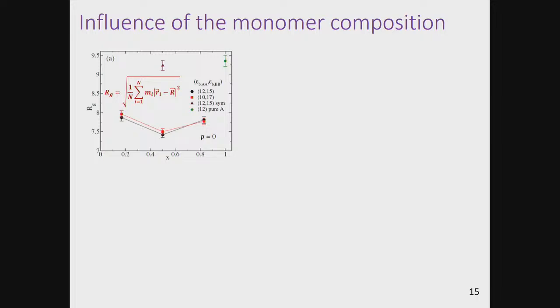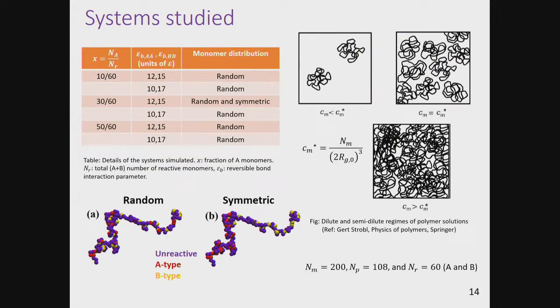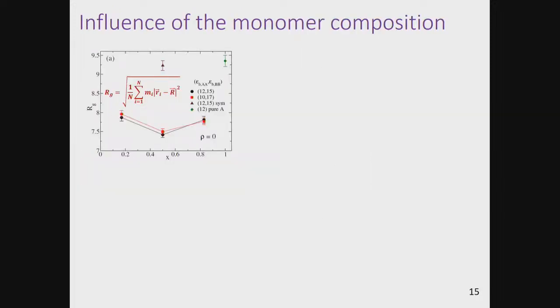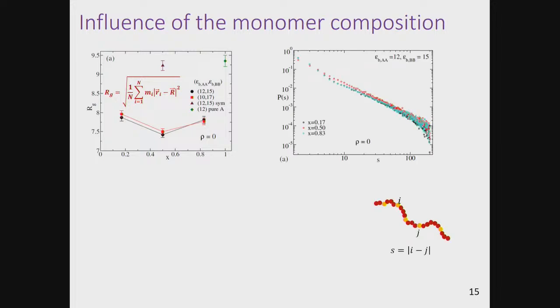So if you take a pure A system where you have all of these beads made of A type, you can say homogeneous cross-linking, in that case the size is almost 9.25 or so, but here the sizes are very less. So what is exactly happening here is that when you have different types of reactive monomers, you are increasing their contour distance.